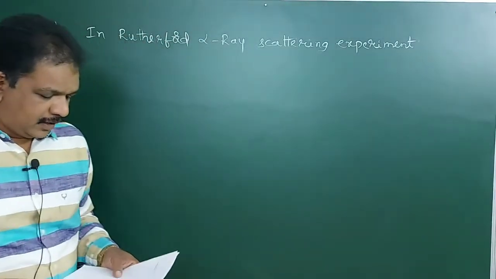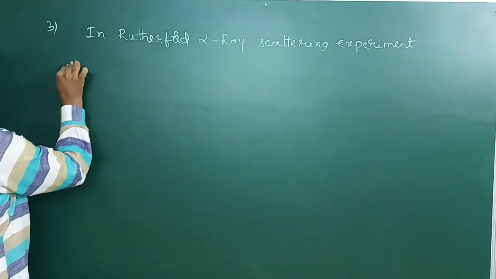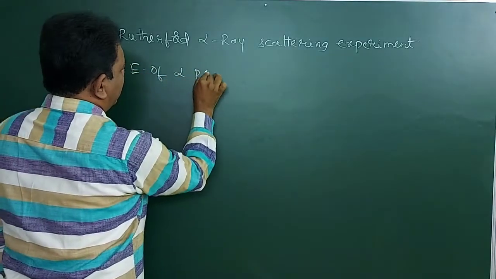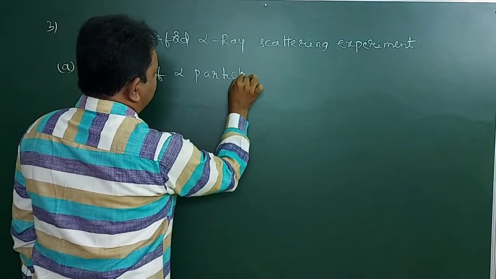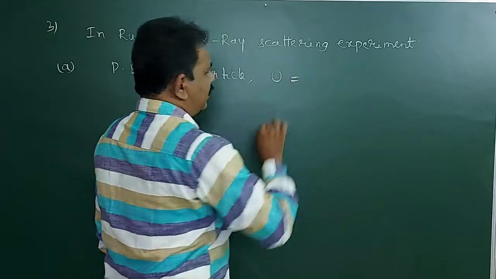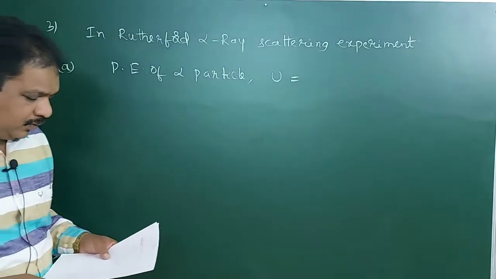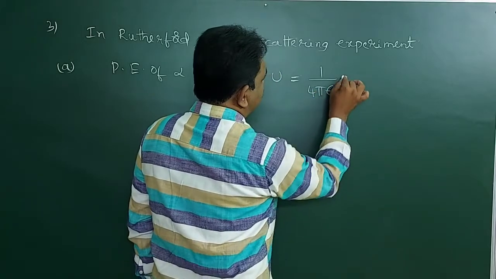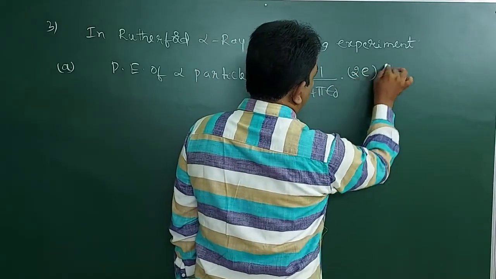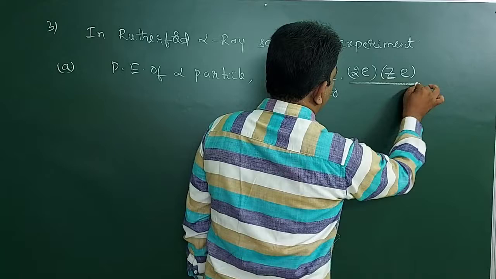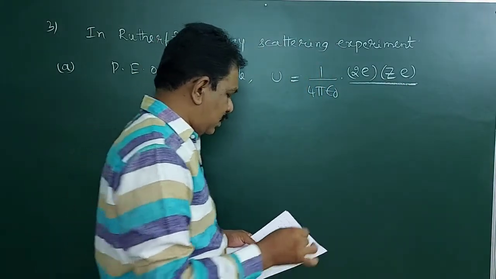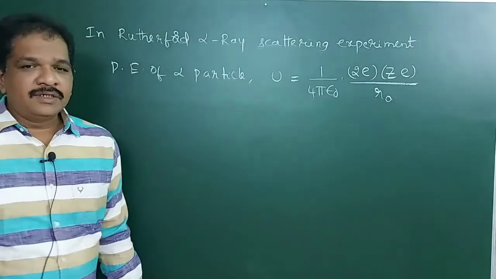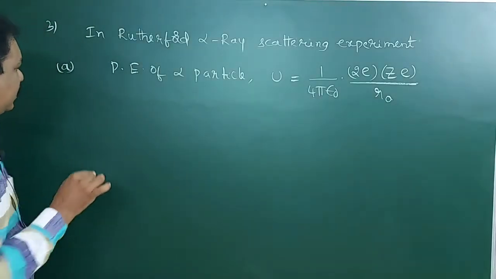Write down A: potential energy of alpha particle U is equal to 1 by 4 pi epsilon naught, 2Ze by r naught. This is the potential energy of the alpha particle.